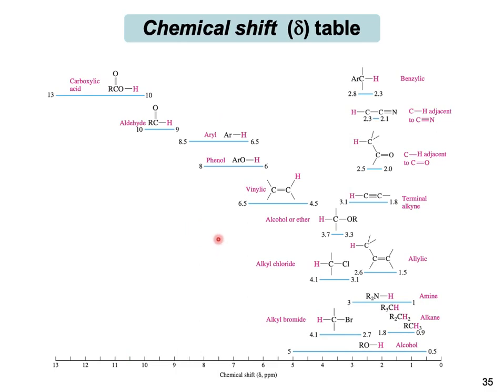What you have to remember in this slide is the simple concept of why some signals come at low frequency region, and why some signals come at the high frequency de-shielded region. The simple concept is, if any electronegative element is attached, all the proton signals will come at the de-shielded high frequency region. Later we will do some exercises, then you will understand better.